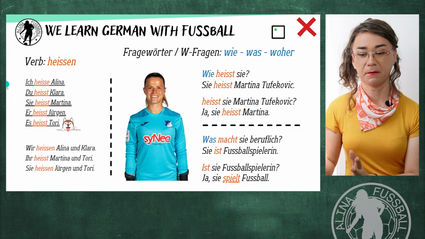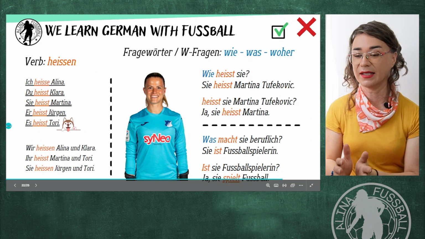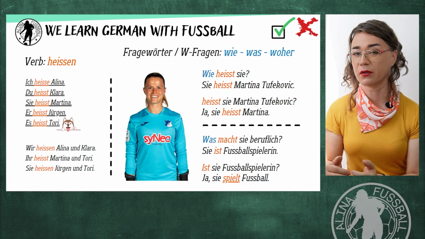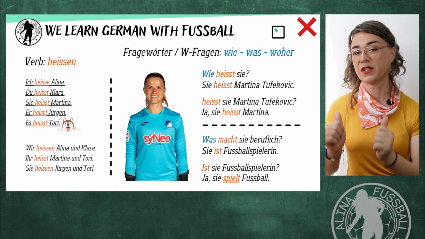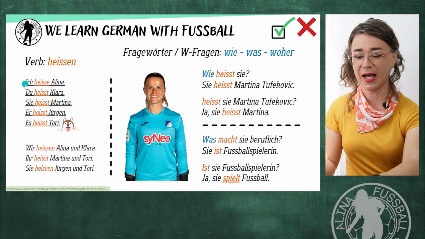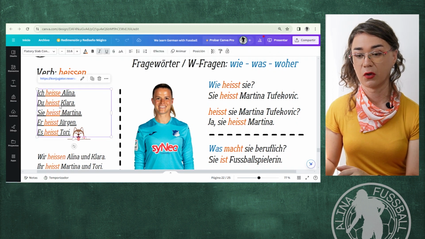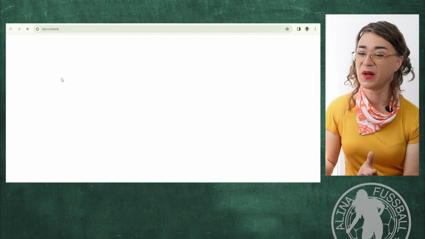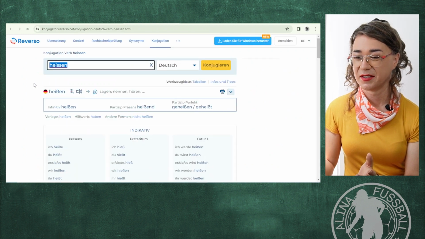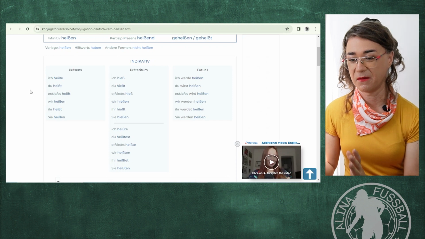In order to do that, first we have here the conjugation of the verb heissen. If you want to have a closer look at the conjugation, you can check the previous videos. But anyways, notice that I also linked these conjugations to a conjugator. So this website conjugates the verbs.